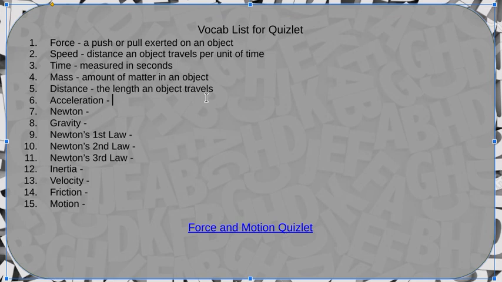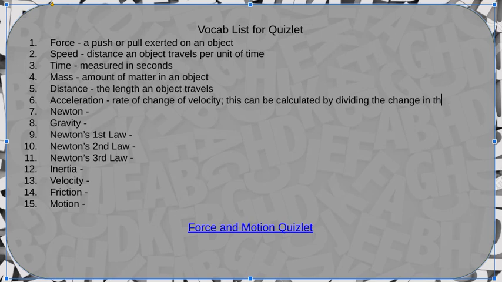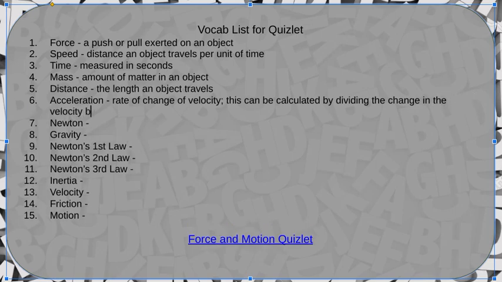Acceleration is the rate of change of velocity. This can be calculated by dividing the change in velocity by the time it takes the change to occur.